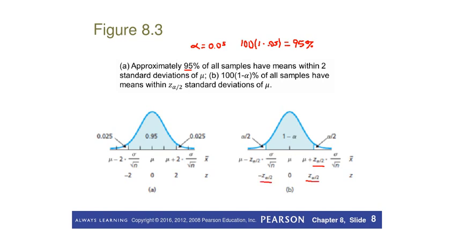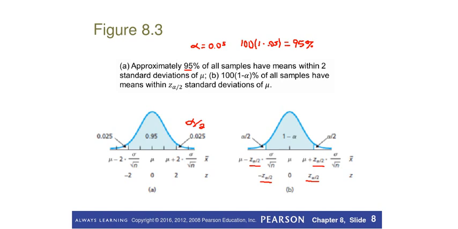Recall, z is the mean minus the population mean divided by the standard deviation, and that gives us a standard position of the number. So we take that z alpha over 2. If alpha is 0.05, alpha over 2 is equal to 0.025. There it is, alpha divided by 2.